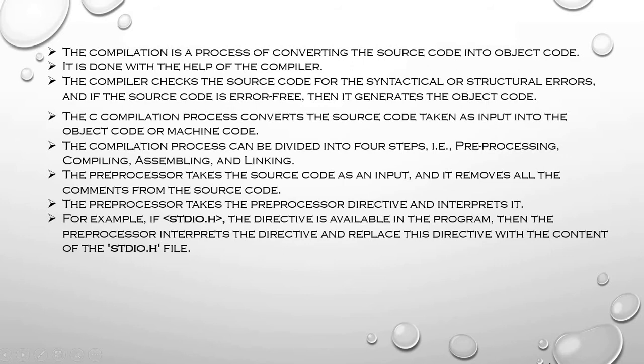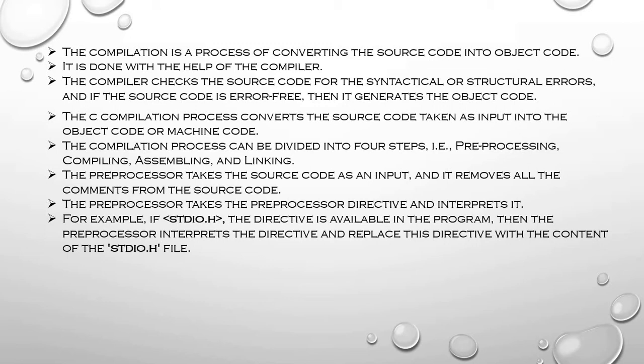The compiler checks the source code for any structure error or any kind of coding error, and once that source code is error free, it generates the object code.